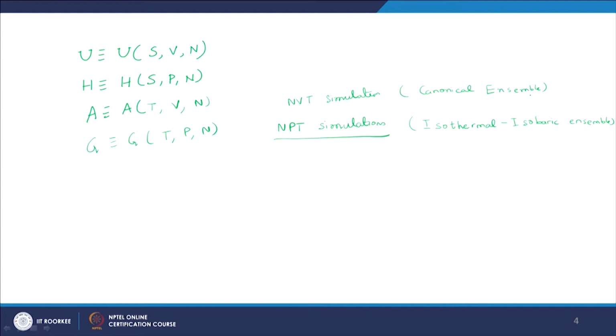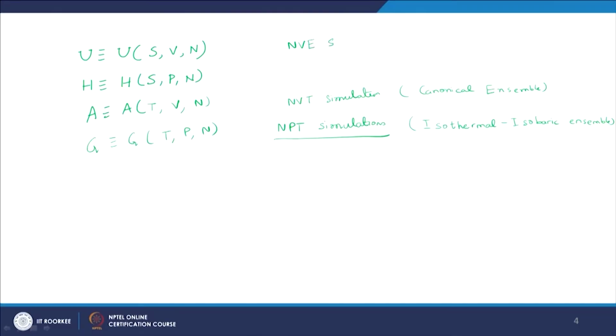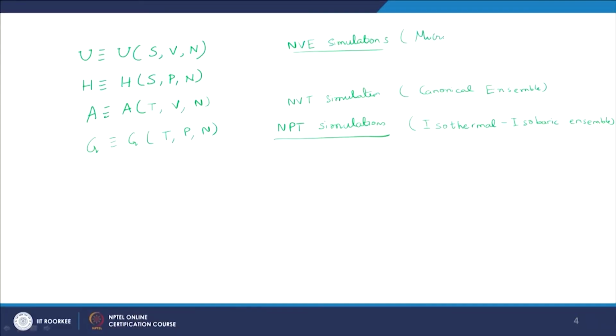We can also do the first case, N, V and S; actually we call it an NVE simulation, where the number of particles, the volume and energy are being held fixed. Energy anyway gives you the entropy. This is known as a microcanonical ensemble. Of course, we can form a fourth ensemble for H, but that is not used.